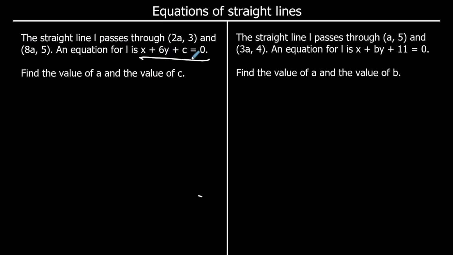So if we put it in the form y equals mx plus c, so take away x from both sides, take away c from both sides, and then divide by 6. So I'll write it as minus 1/6 x minus c over 6. So we know the gradient is minus 1/6. It's in the form y equals mx plus c.